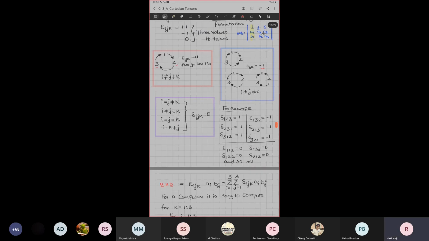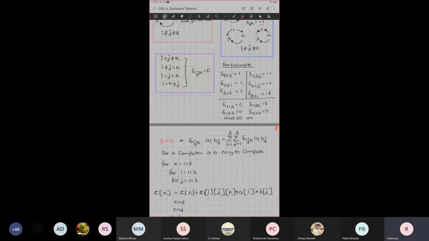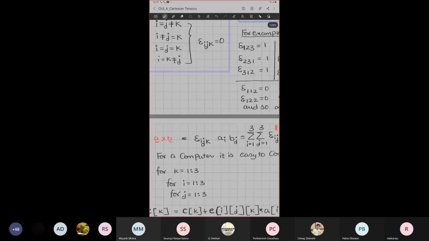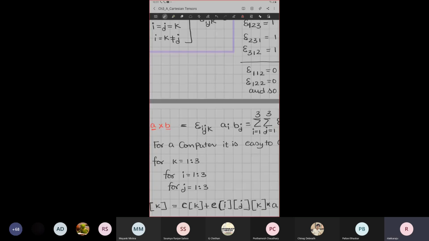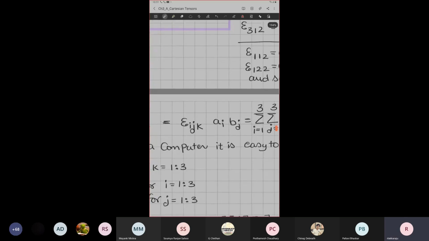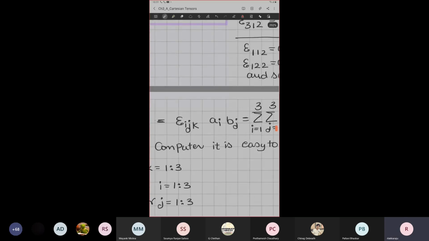Okay. Now, what is the use of introducing that epsilon ijk? Now let us look at A cross B. A cross B, by definition, is epsilon ijk a_i b_j, where summation is supposed to be over the repeated indexes i and j.